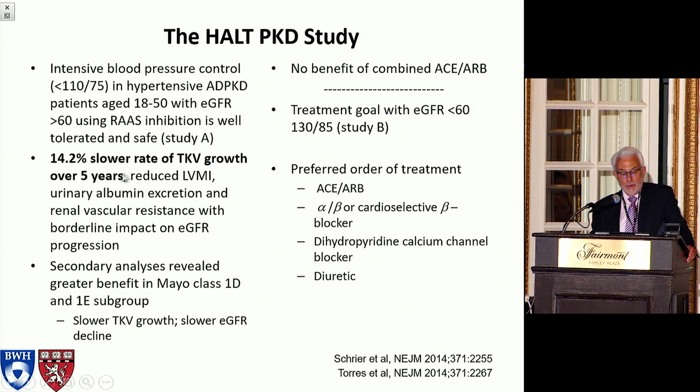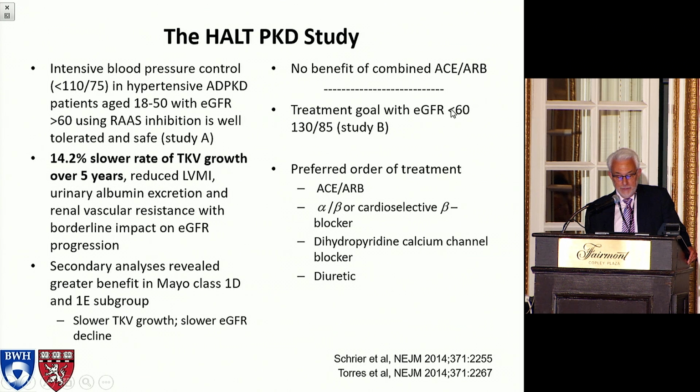And this was associated with a 14.2% slower rate of total kidney volume growth over 5 years, reduced left ventricular mass index, urinary albumin excretion, and renovascular resistance, with a borderline benefit on eGFR progression.